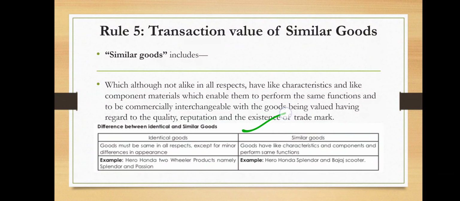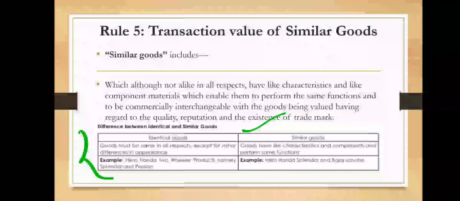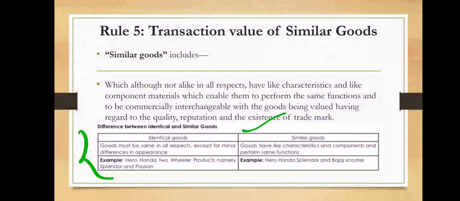So you can make it more convenient by looking at the difference between identical goods and similar goods. As we discussed in the last class, for identical goods, the goods must be the same in all respects, except minor differences in appearance. Minor differences will be there, but you should not consider those.